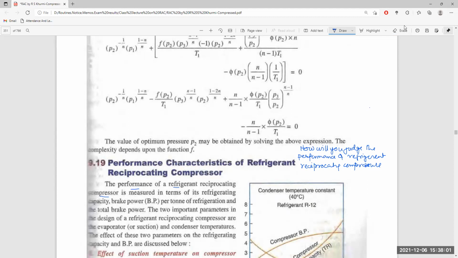and it is measured in terms of refrigerating capacity. It is measured in terms of always refrigerating capacity of your refrigerator where this compressor is used.